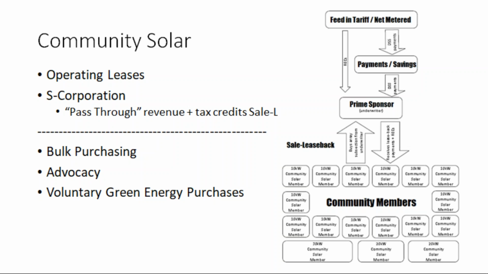Or they sign a contract where they're guaranteeing to make payments and then you may be crediting them back production on a bill based on how the array performs, which probably would be less than their payment.